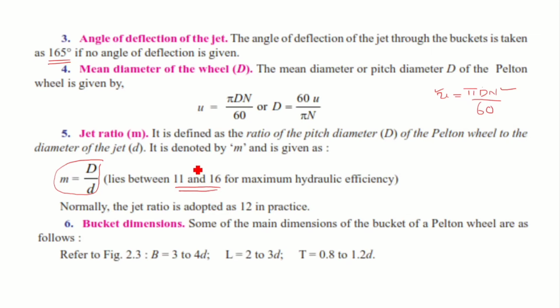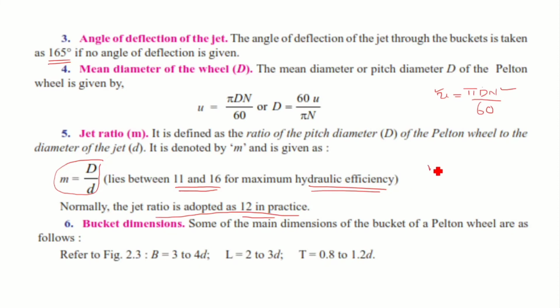If in a problem you want to take the value of jet ratio, you can take a value between 11 and 16. Considering maximum hydraulic efficiency, normally the jet ratio is adopted as 12 in practice. So you can take the value as 12.